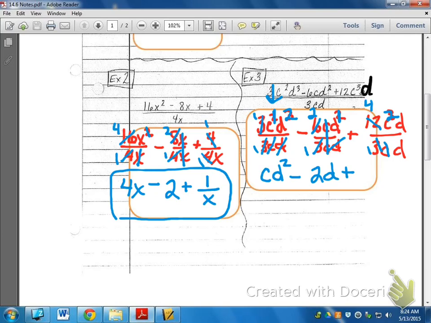Second. 1 d on top and 1 d on the bottom cancel out. So I would write 4c to the second. Nothing's left on the bottom but a 1, so I don't write it. If there's something left on the bottom like that one, well, then you have to write it there. But most of them, they canceled out. Are there any questions?